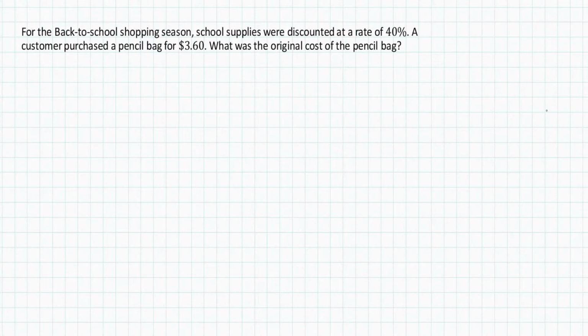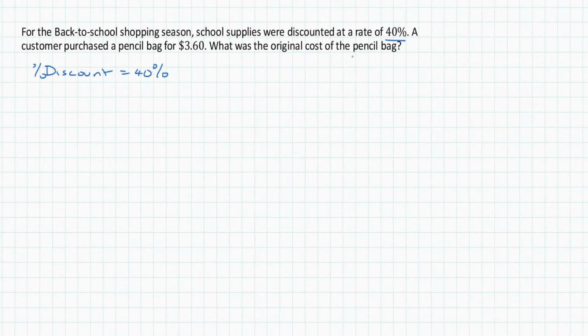So final example here is for the back to school shopping season, school supplies were discounted at a rate of 40%. So let's do this, discount percent. So we have 40%. A customer purchased a bag of pencils for $3.60.